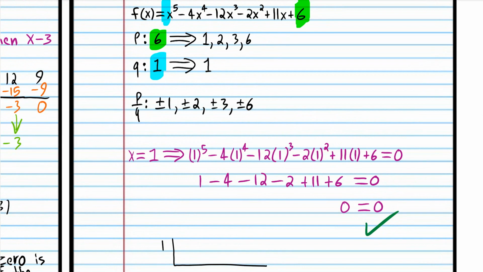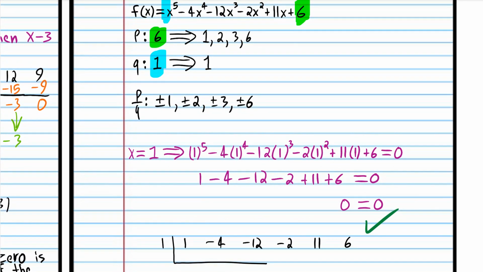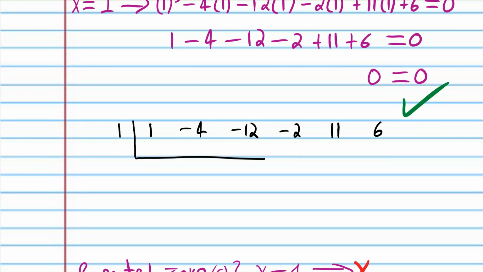So let's write the coefficients. We have 1, -4, -12, -2, 11, and 6. And now we're going to use our synthetic division algorithm.